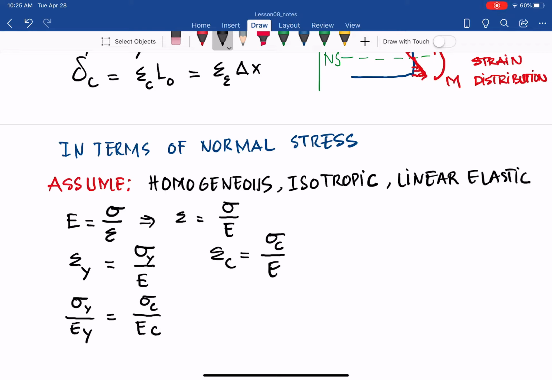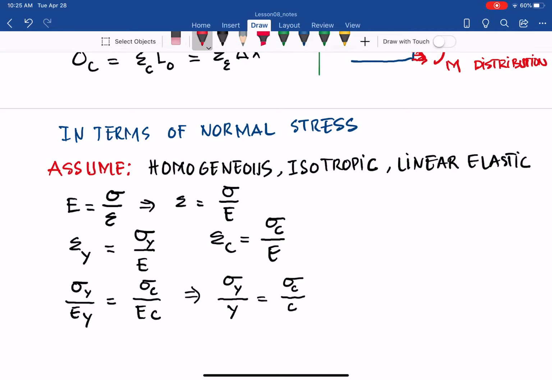And now the E is the same, so we can cancel it out. So we have sigma y, which is the normal stress at the position y distance from the neutral surface, over y equal to the normal stress at the outermost fiber divided by the distance from the neutral surface to the outermost fiber.